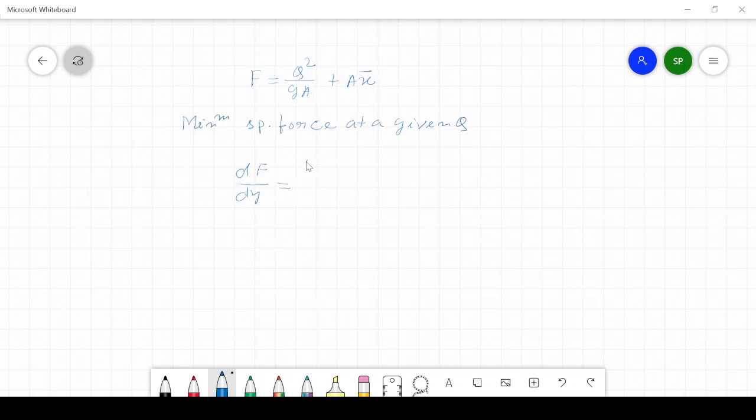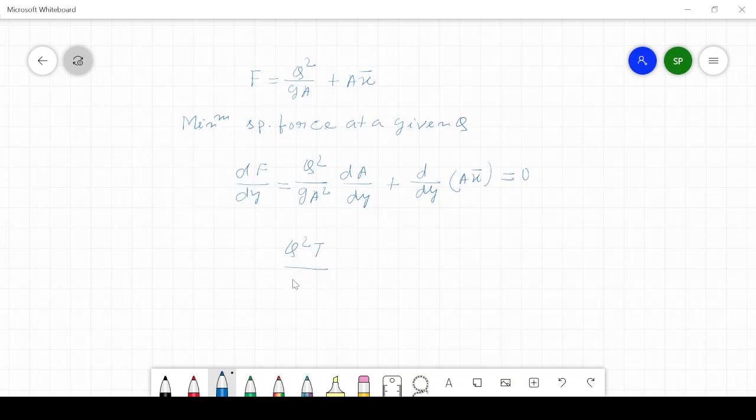Then Q square by GA square dA by dy plus, and this should be 0. After that you will get ultimately what expression? You just do these things by yourself.